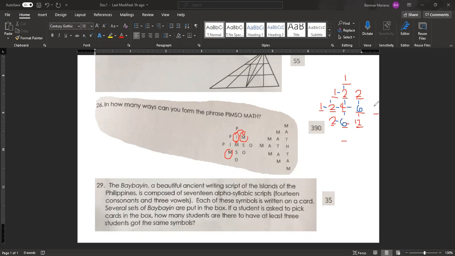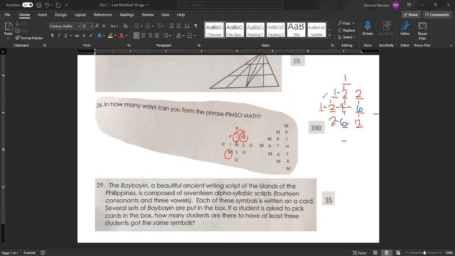Wait, what happened here? 2 plus, this must be 7. I'll think about this one later. Pero I already answered this one, but the process is this one.